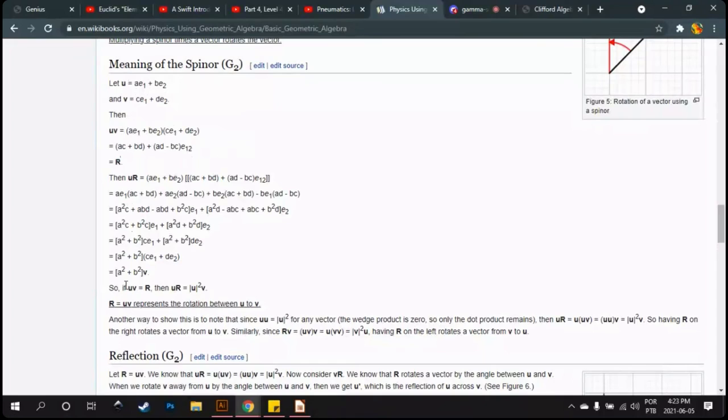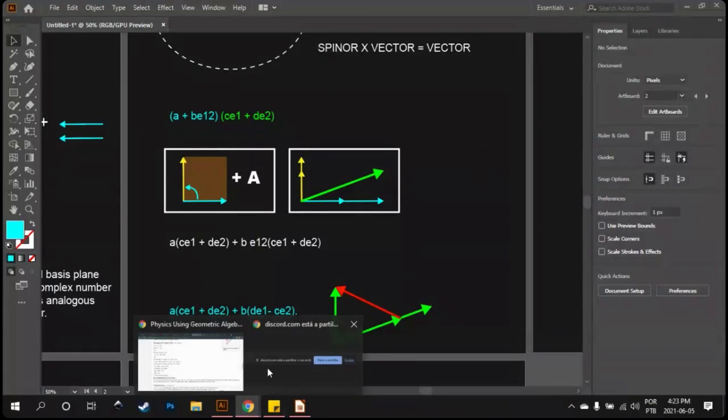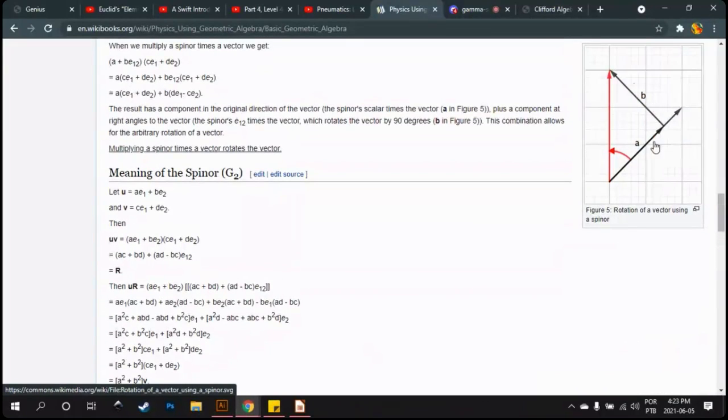And if you multiply U, the first vector, by the spinor, you rotate that vector in such a way that you end up with the second vector and the magnitude of the first vector, which is what I tried to draw here. You have the projection. There's a better drawing here. You rotate a vector using the spinor. Does that make sense?